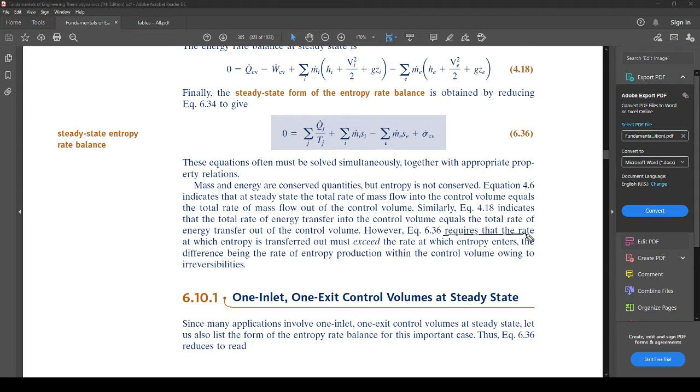Because as we go through this process, there is going to be heat transfer that accompanies some entropy, but what it means is that essentially the process that you go through always has to add entropy to what came in because of the entropy production term. It always has to add entropy. So does that make sense? Like if we go through a turbine, right, like over here, the point is that the process has to add entropy. And that's due to the entropy production term. So that's what they were saying.